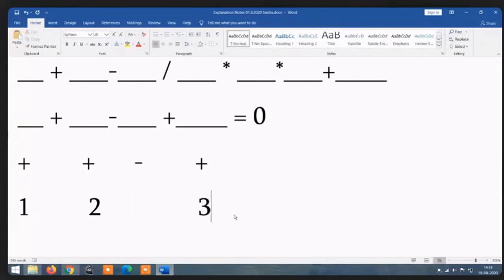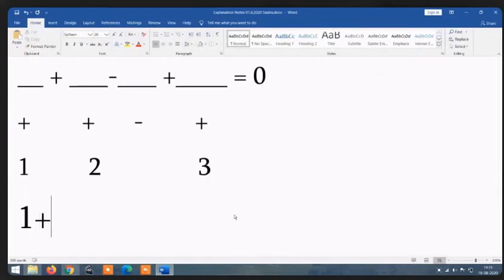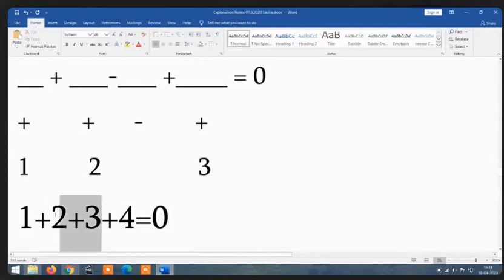Okay, all the plus terms must be equal to what? Must be equal to the fourth term, which is the minus term, correct? Or in other words, 1 plus 2 plus 3 plus 4 should be equal to 0. So when will this happen? When the sum of all these three things will be equal to this.